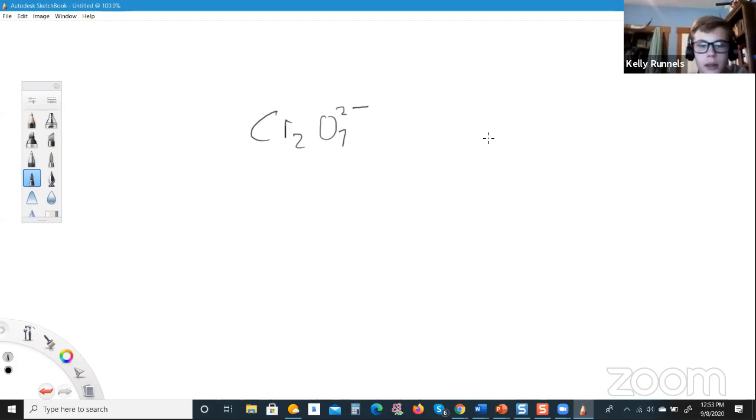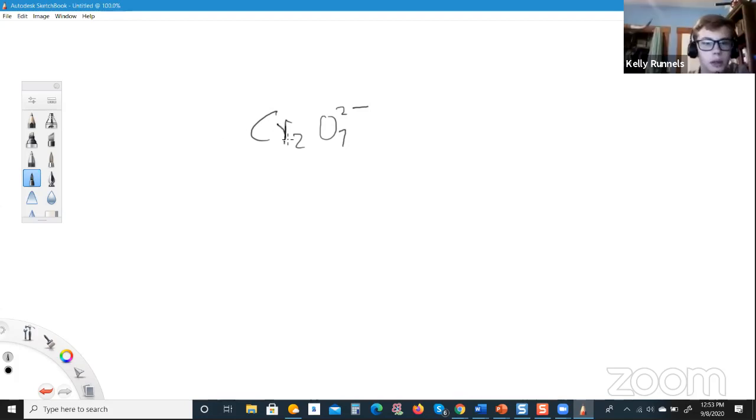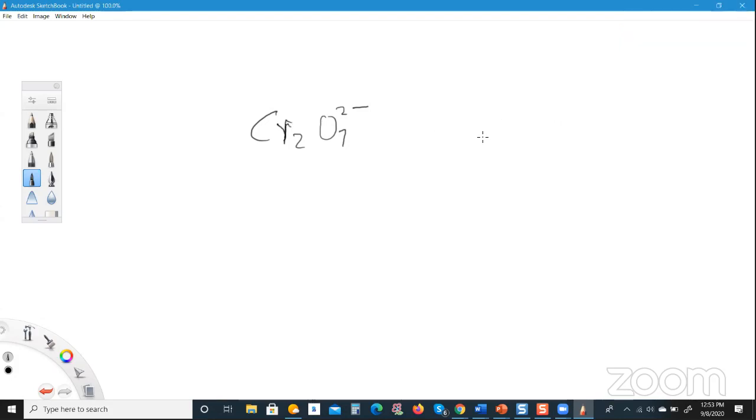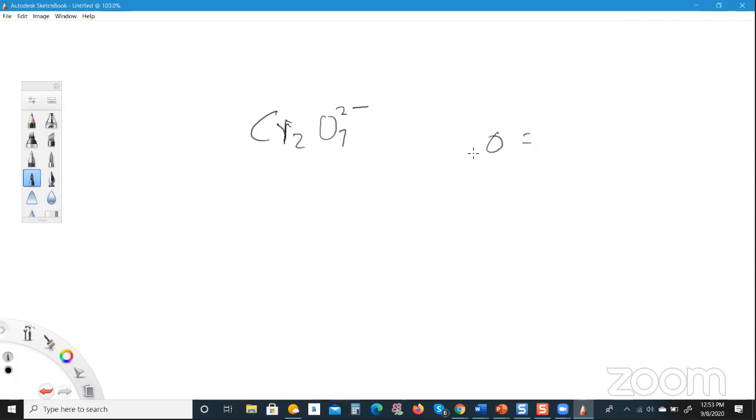So in this, I don't know the rules about chlorine. No, that's chromium, I'm sorry. Yeah, Cr. That's okay, my handwriting is not the best. So the oxidation number of oxygen would be negative 14, it's 7 times minus 2.